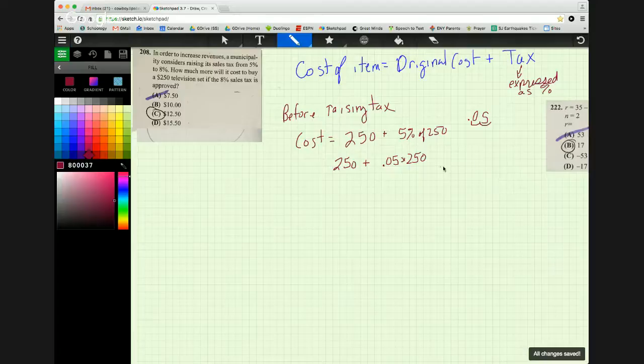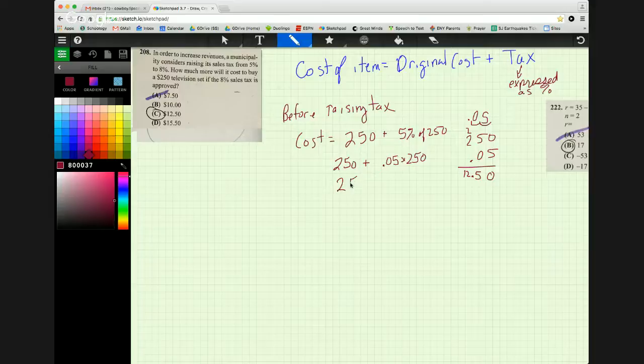So to figure out that tax, we say 0.05 times 250, and we go, well, 5 times 0 is 0, 5, carry your 2, 5 and 2 is about 12. So our tax is $12.50.